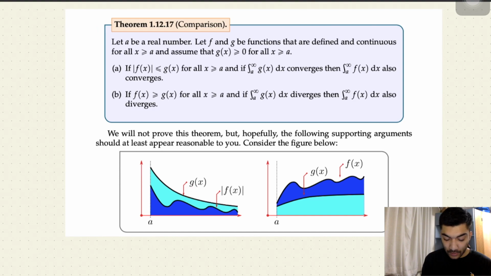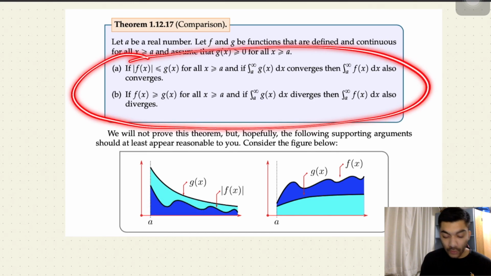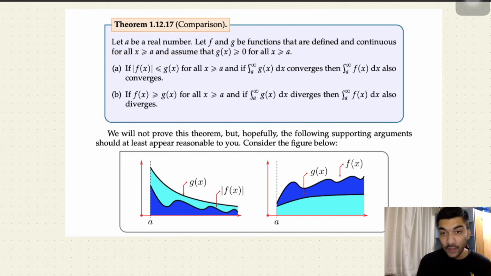So if this is the absolute value of f of x and this is g of x, and your g of x converges, you cannot definitely state that your f of x will also converge because of g of x being convergent. So don't confuse these two cases with their opposites. That was an important point that I wanted to share before wrapping up this video.